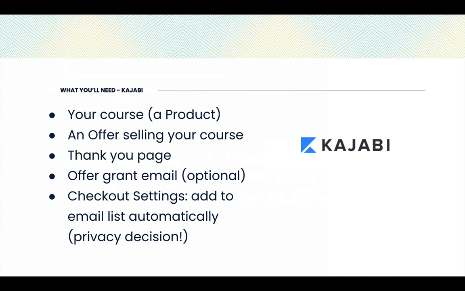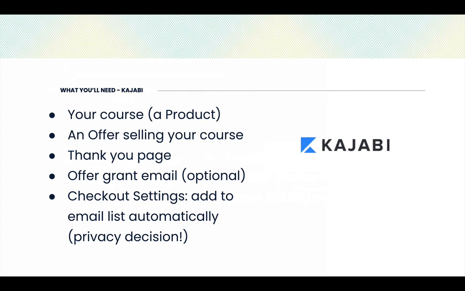This is not 100% necessary, but for the setup that I'm showing you, we're sending people to a thank you page in Kajabi. You can also choose to send people the offer grant email. It's a setting in your offer, under checkout settings, and this is not in the offer. This is always a little bit weird, where Kajabi has this setting.